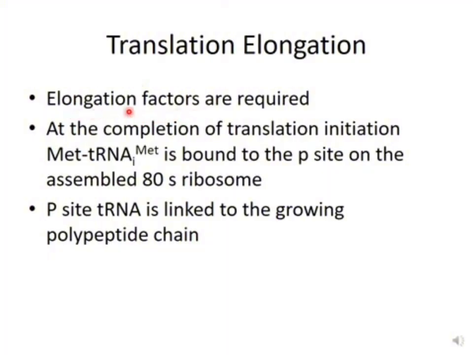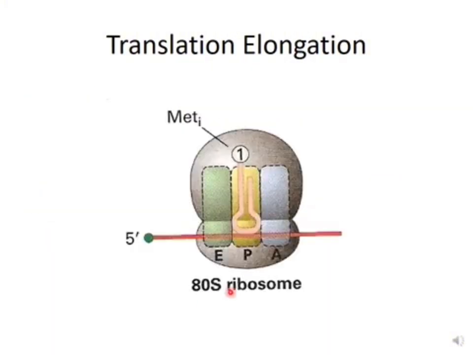At the completion of the initiation, the tRNA methionine bound to methionine is bound to the P site on the assembled ribosome. The P site tRNA is linked to the growing polypeptide chain, and that is why it's called the P site, because that is where the polypeptide chain grows. So this is the beginning of the translation elongation part.